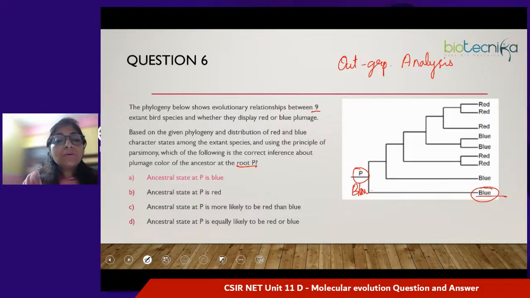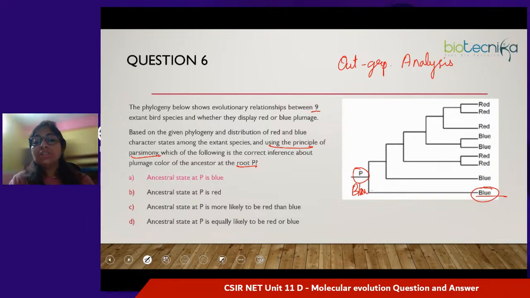Now, the question says to find out the character of the ancestor using the principle of parsimony. Whenever you are solving phylogenetic tree questions, you are very often going to come across this principle of parsimony.